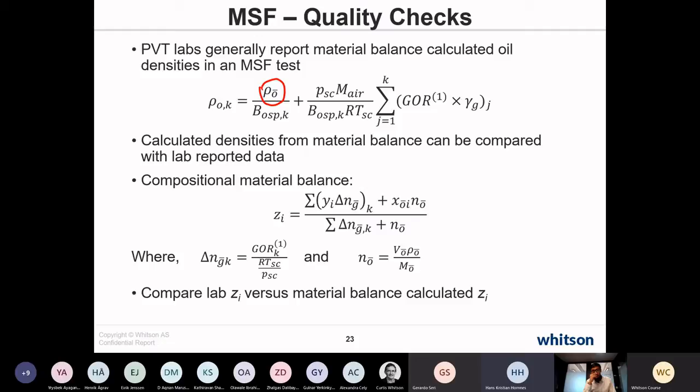We're using the pycnometer density. If we calculated well in the beginning, we should have sufficient sample to do one density measurement. If we have sufficient sample, we do that. Yeah, so that's very good.